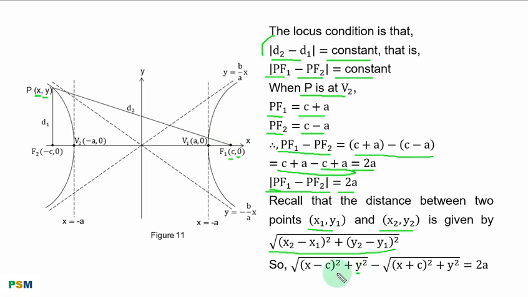You have them in this form. This is x2 minus x1 in bracket square, and y2 minus y1, so you have y minus 0 in bracket square. That is y square. If you consider P and F2, you have the distance between them. The difference is equal to 2a.